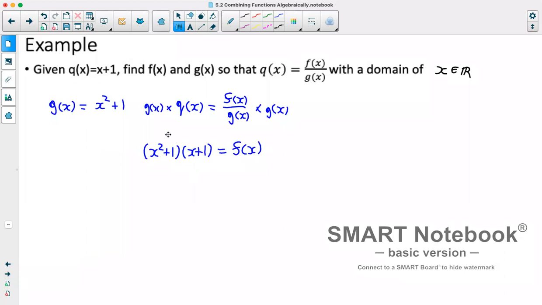And then we'd FOIL this up. So we have x cubed plus x squared plus x plus 1 equals f of x. So we now have our two functions. We've got our f of x and we have our g of x.